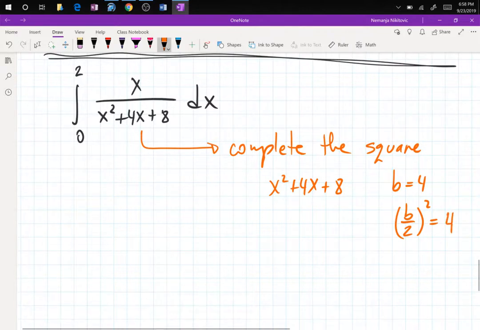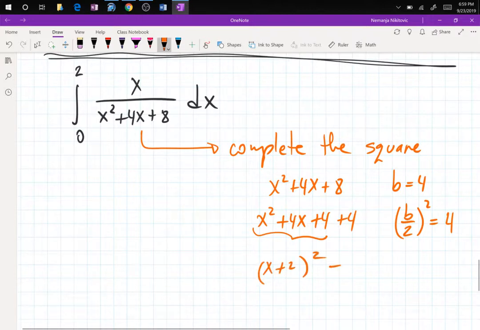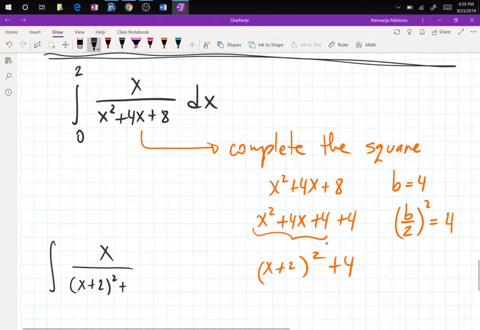So you can split this into x squared plus 4x plus 4, and then another 4, which is what he did anyway. And now the first 3 give you x plus 2 squared, and you still have plus 4 over there. And that transforms this integral into x divided by x plus 2 squared plus 4 dx from 0 to 2.